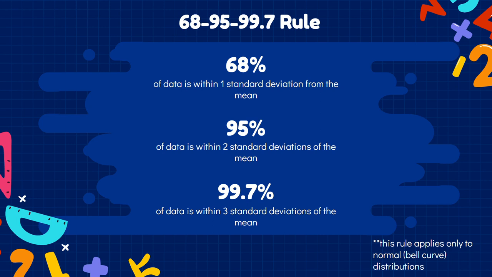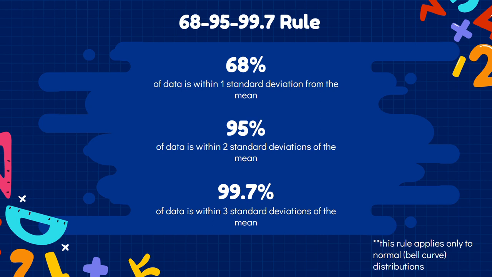Now you extend that a little more, add one more line out on each side for the second standard deviation. This is 95% of your data. You go one more standard deviation out, 3 standard deviations from the mean, you have almost every data point. 99.7% of your data will be within 3 standard deviations of the mean, right?